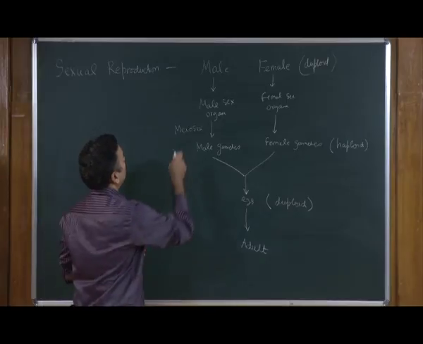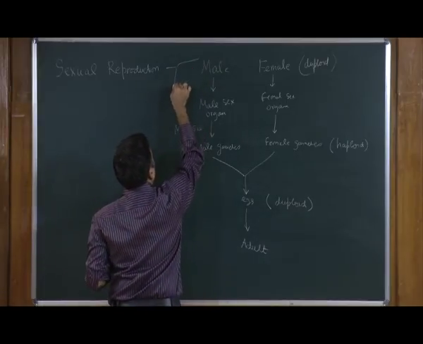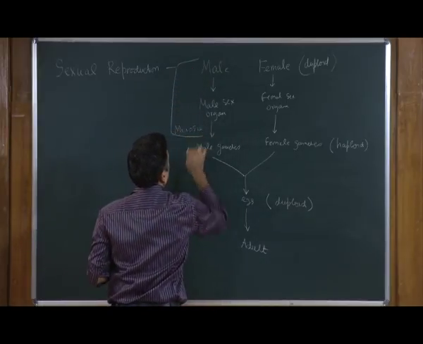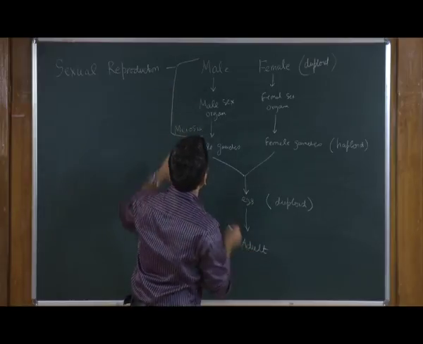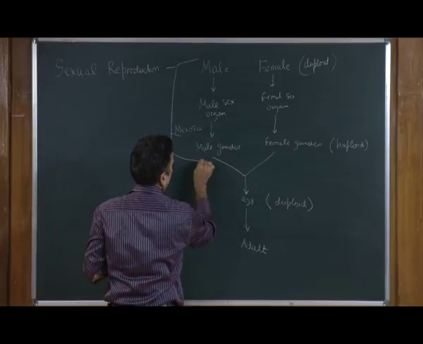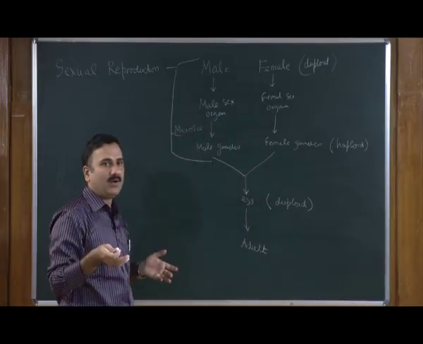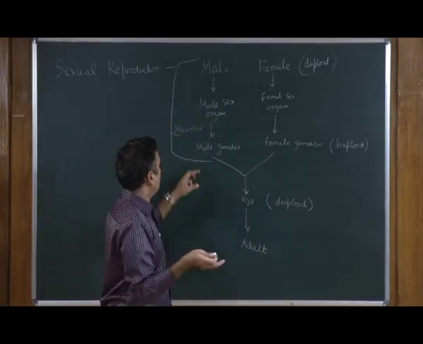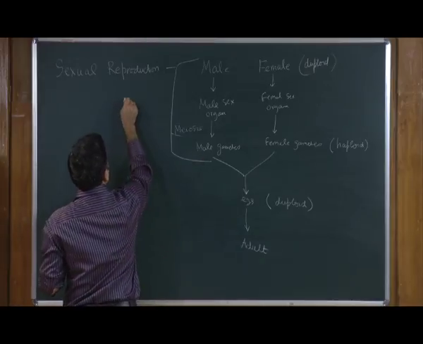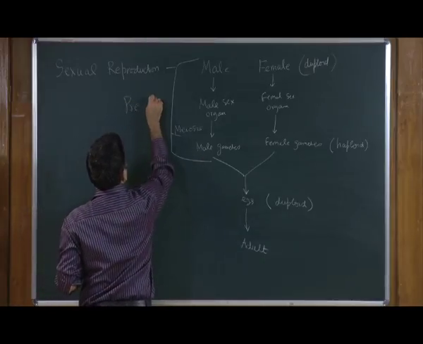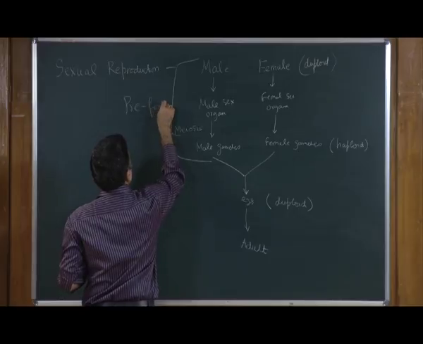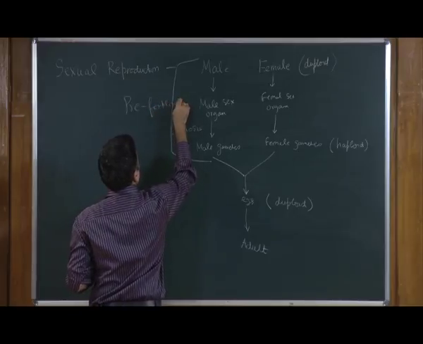One is the phase where the male or the female utilizes their sex organs to produce the gametes, and that phase is called the pre-fertilization stage.